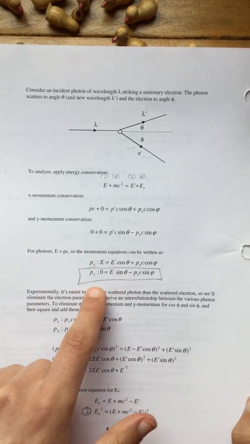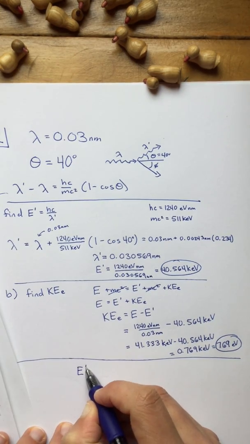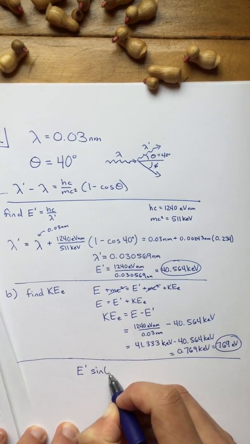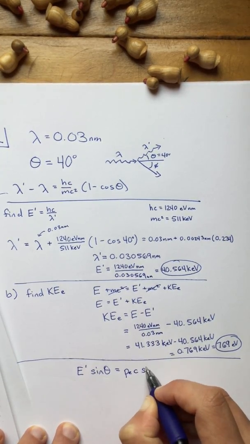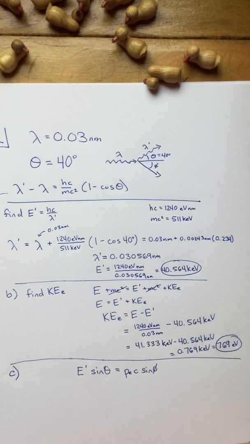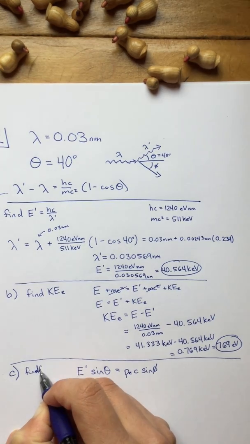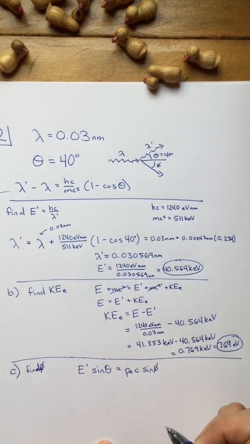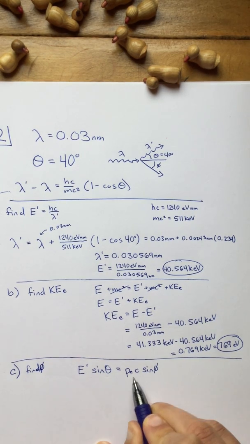We know that the initial momentum in the y direction is 0, so I can say after the collision, the energy of the photon times sine theta is equal to the momentum of the electron times sine phi. I'm looking for the angle. I want to find phi. And I know E prime, I know theta, but I don't know the momentum of the electron.